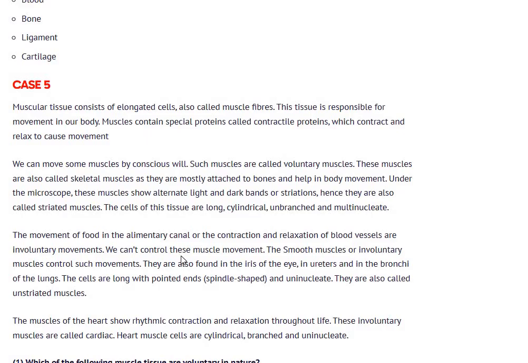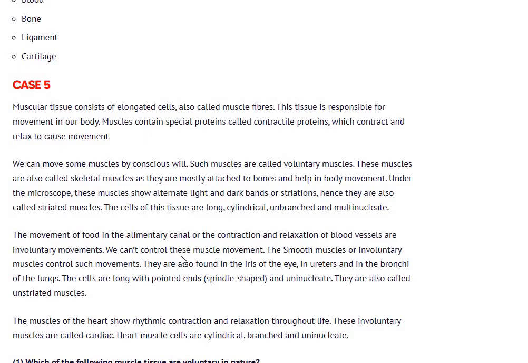These muscles are called skeletal muscles as they are mostly attached to bones and help in body movement. Under the microscope, these muscles show alternate light and dark bands or striations on them. Hence, they are called striated muscles. The cells of this tissue are long, cylindrical, unbranched, and multinucleated.